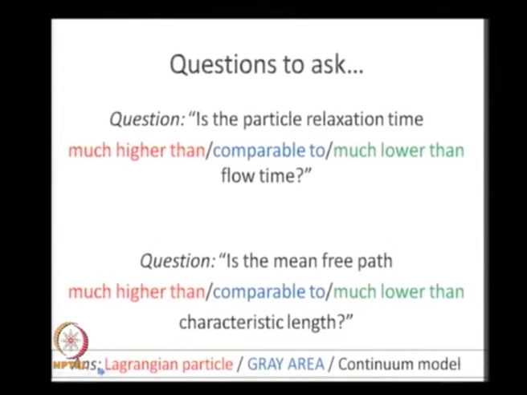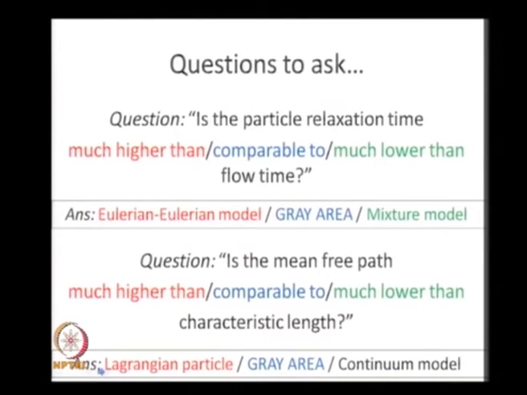If the particle relaxation time is much higher than, comparable to, or much lower than the flow time, then you can use either a mixture model or the Eulerian multiphase model. There is always a little gray area in the middle when the Knudsen number is order 1 or when the particle relaxation time to flow time ratio is order 1.